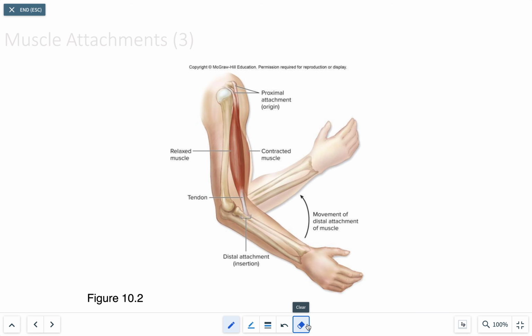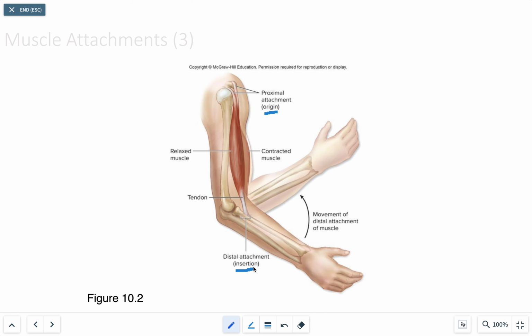When we're looking at origins and insertions, the origin, or the proximal attachment, is referred to as the less mobile attachment. And then the distal attachment, also called the insertion, is the more mobile attachment.